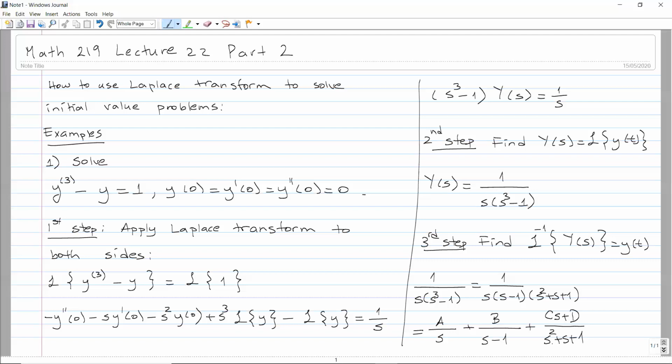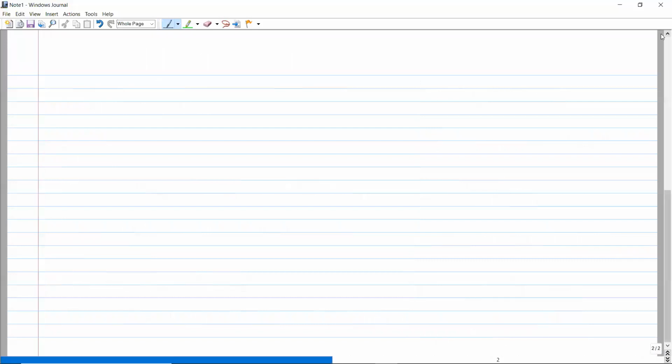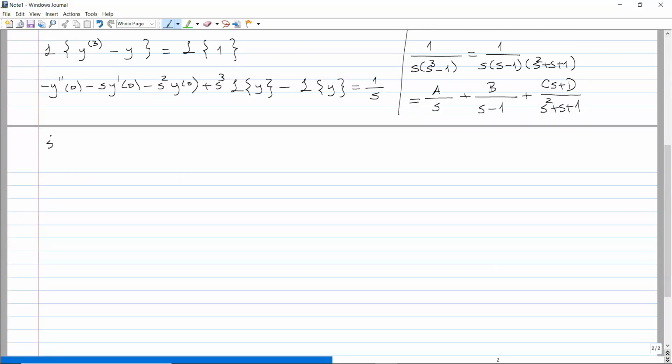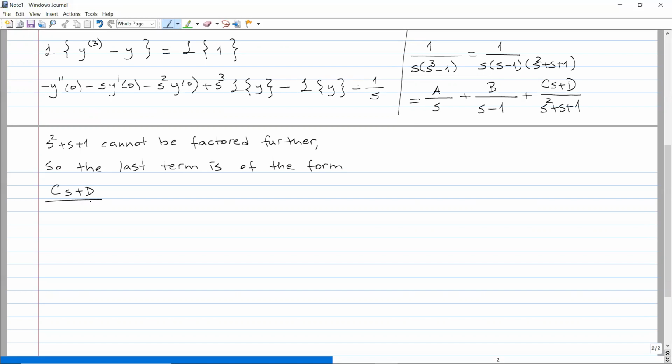And we do this because s squared plus s plus 1 cannot be factored further. So the last term is of the form cs plus d over s squared plus s plus 1.